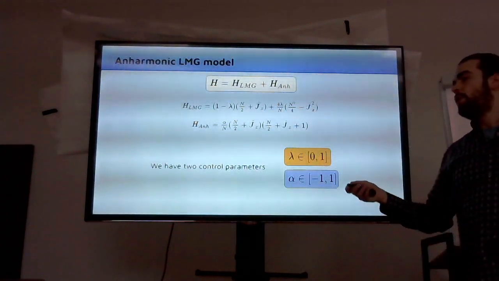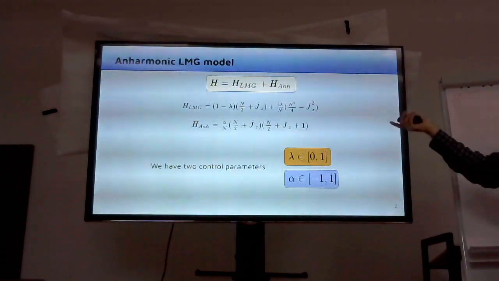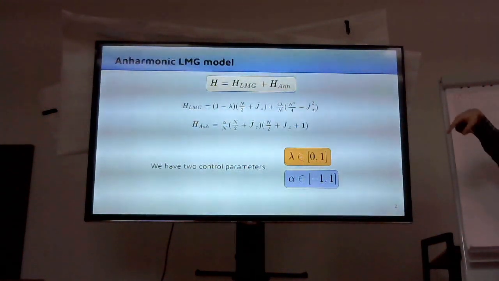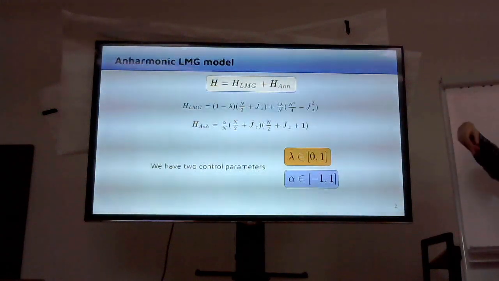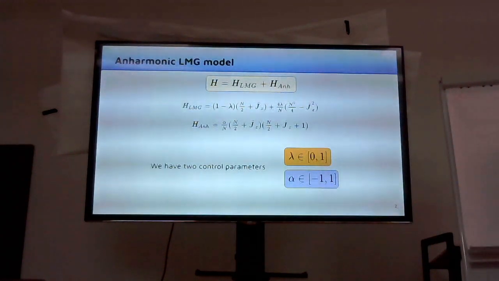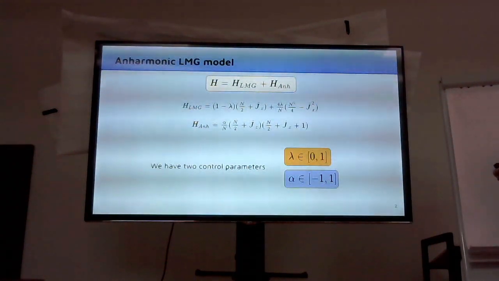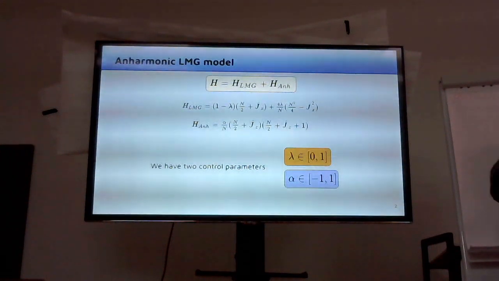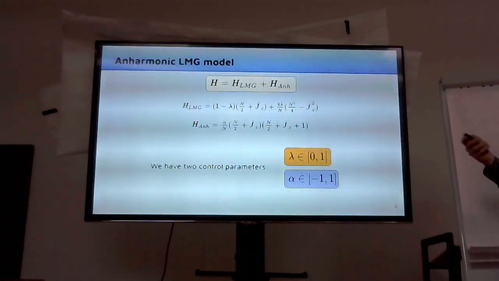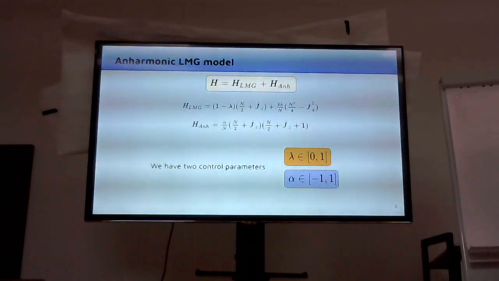Yeah, but you don't need to consider it. The thing is that there you have this J, which in the case of maximum symmetry that you can take without losing generality, turns out to be N half. Okay, yeah, that's the case.